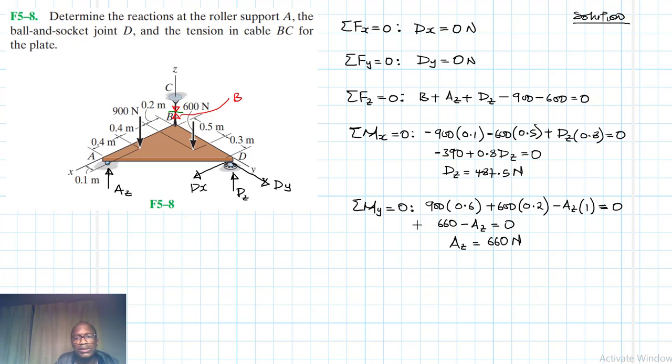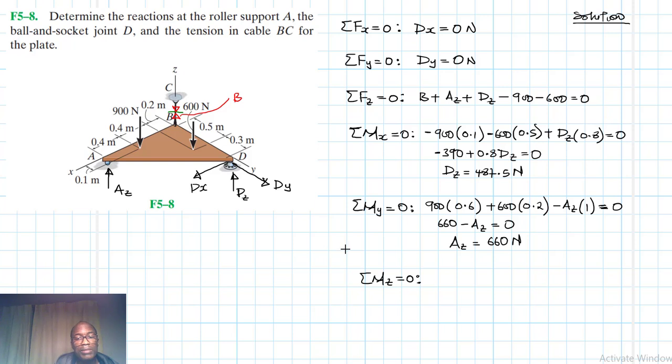So let's get back to, of course, you will start asking, but why didn't we go ahead to say summation of moments about the z-axis? There's really no need because we have already done the three most important equations, but for the sake of doing it so that you know what is going to come out, we'll do it. It will not give us anything because we've already found that DX is equal to 0, but let's still do it.